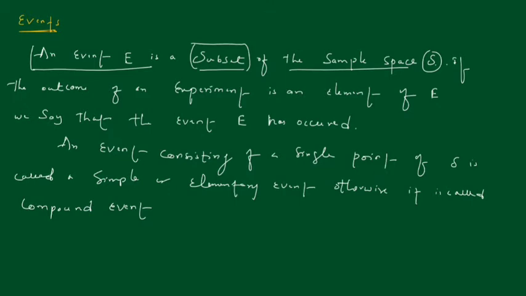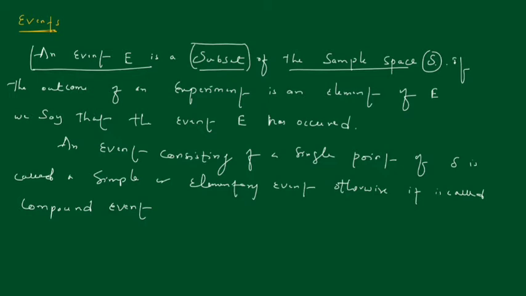Usually events are subsets of S, where if the outcome of an experiment is an element of E, we say that event E has occurred. So simply the outcome of an experiment is an element, single element. So then we can say that the event E has occurred. So again, an event consisting of a single point of S is called simple or elementary event. Otherwise, it is called compound event.